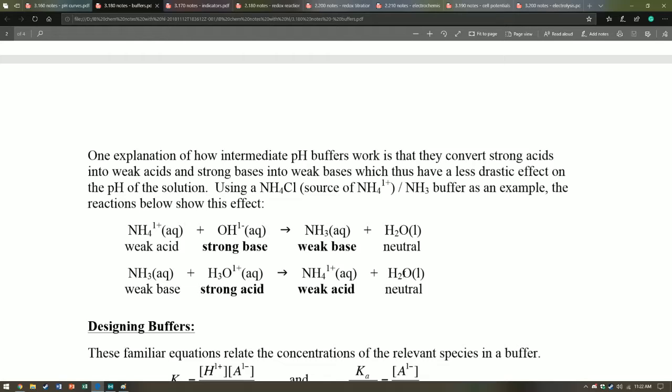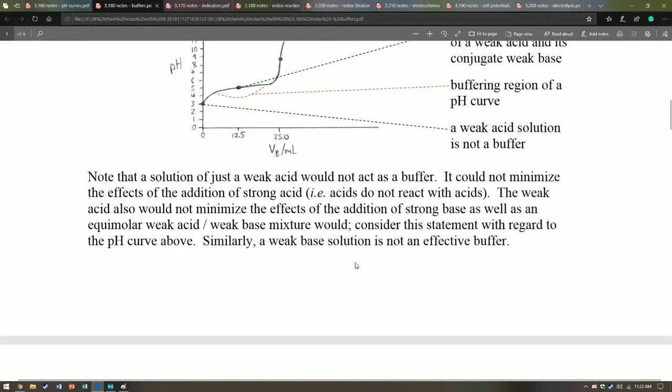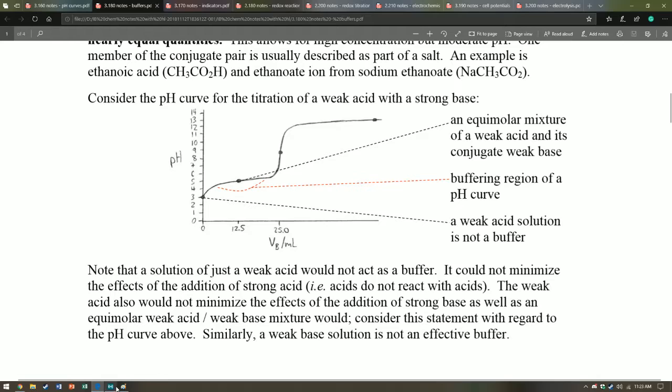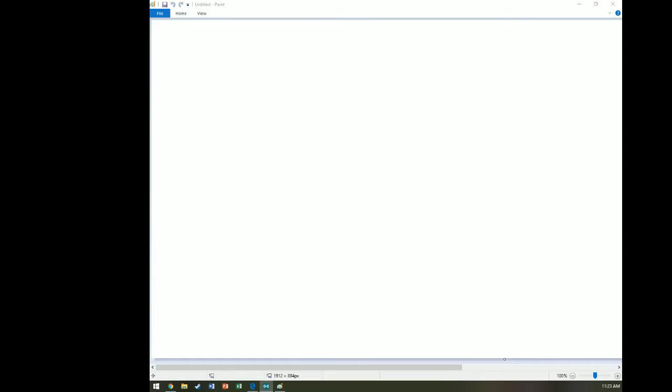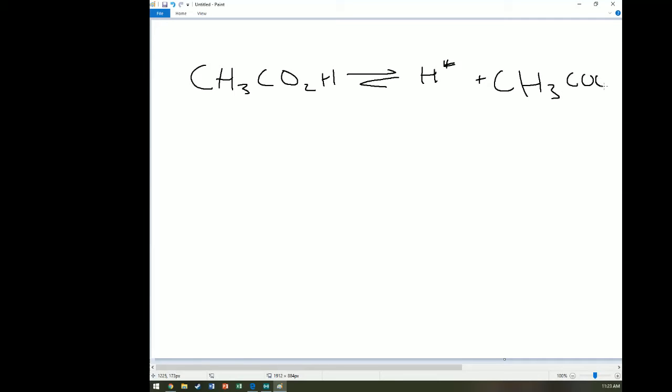That's sort of how it works. It converts. So here, let me go through this. If, let's say, we had ethanoic acid, CH3COOH, and this is in equilibrium with H plus and CH3COO minus.